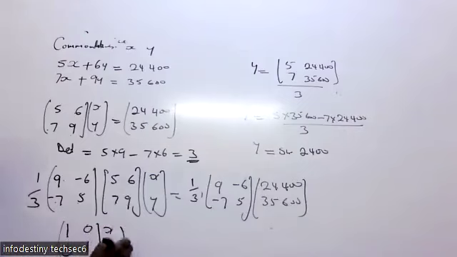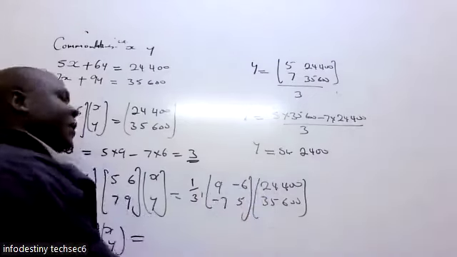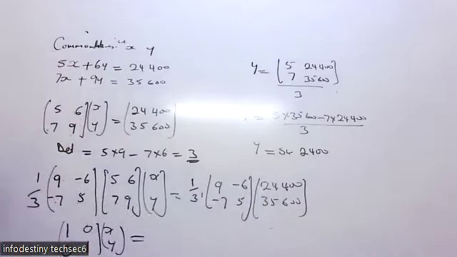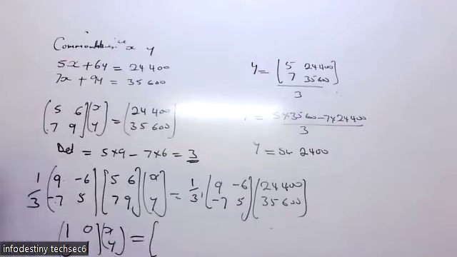That's x, y will be equal to, so we take this times this plus this times this, divided by 3, to give us how much? It's not 2,000.